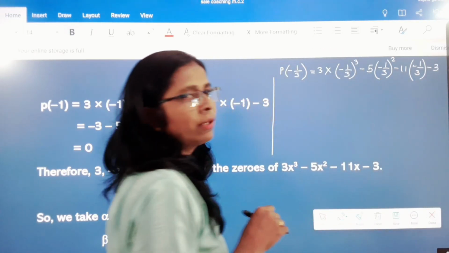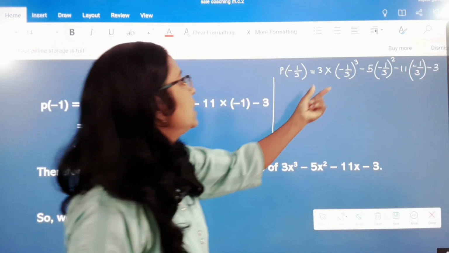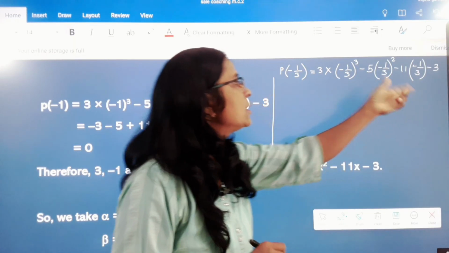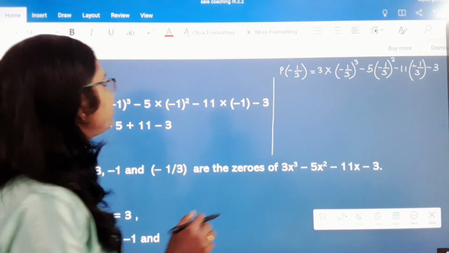Okay, because our cubic polynomial is 3x cube minus 5x square minus 11x minus 3.